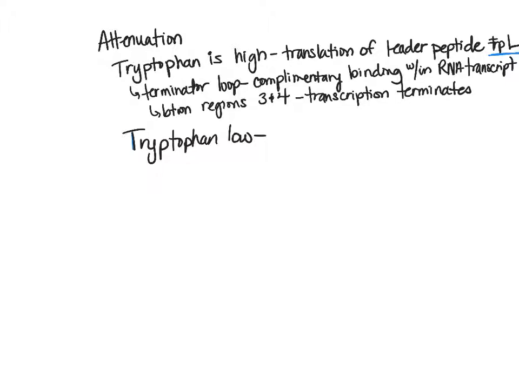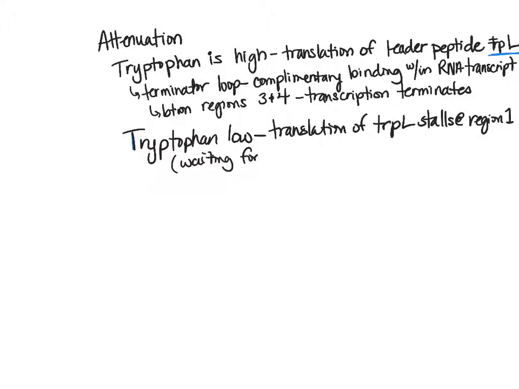So if our tryptophan is low, our translation of TrpL stalls at region 1. And this is because it's waiting for Trp to bind. But since tryptophan is low, it's waiting a while.